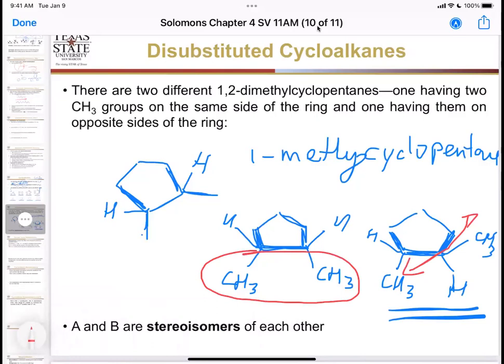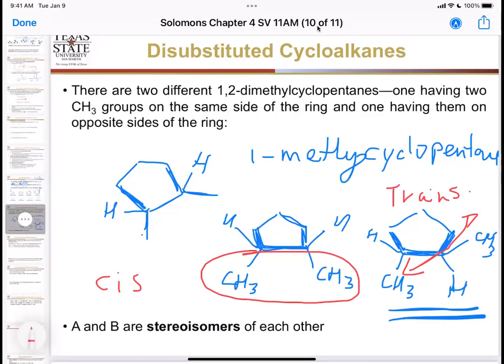If they're on the same side of the ring, we're going to call that same, or cis. And if they're on opposite sides of the ring, we're going to call them trans, opposite. This is the first time we've had to deal with 3D perspective, except for learning that the tetrahedral carbon has bonds pointing back and bonds pointing forward.